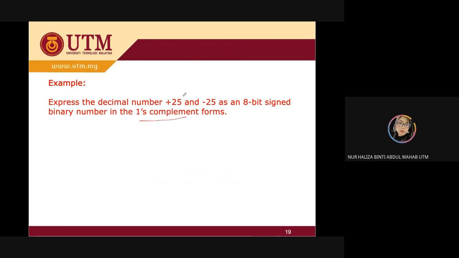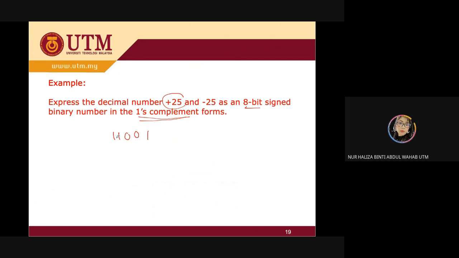For first complement, as I mentioned, positive, nothing happens. Basically, we will do similar things, which is 1, 16, 8, 4. This is 25. We have 8 bits.